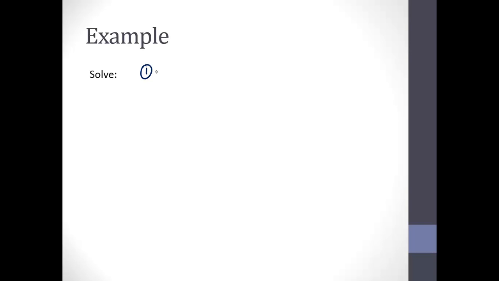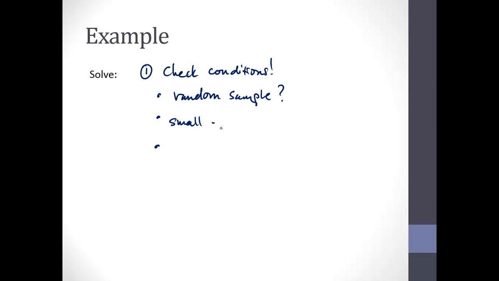The first step is to check our conditions to make sure that we can actually use this formula. Same 3 conditions as always: random sample, small enough, and large enough.